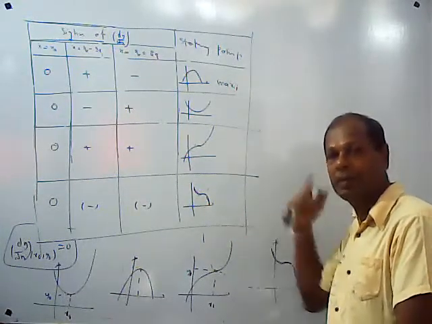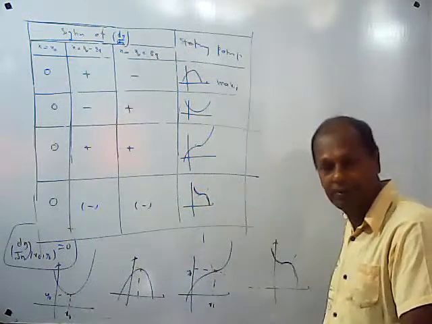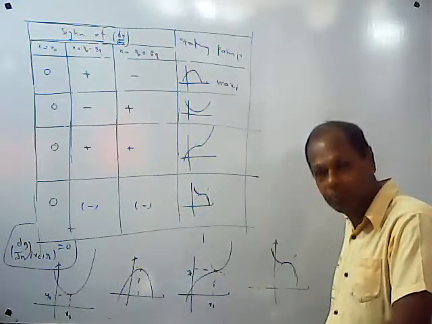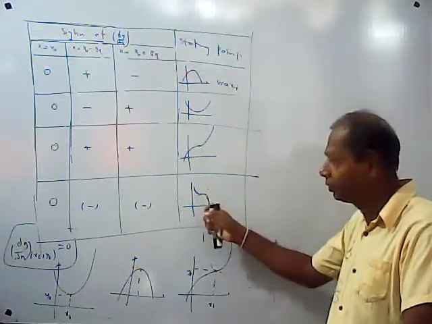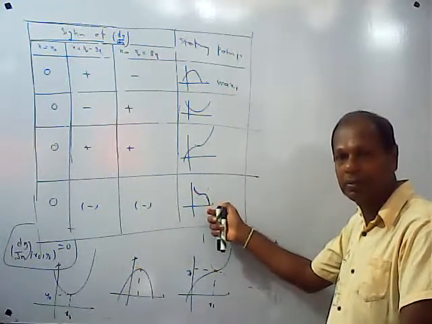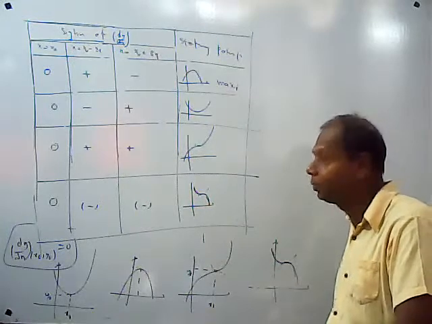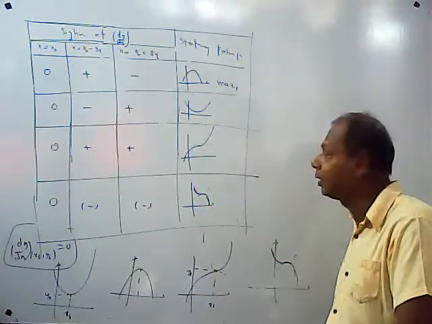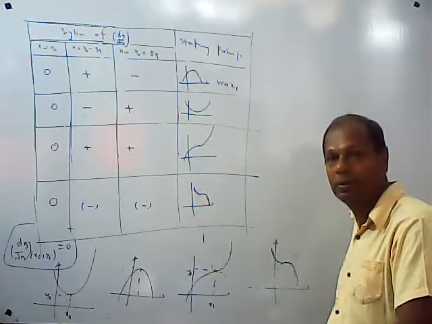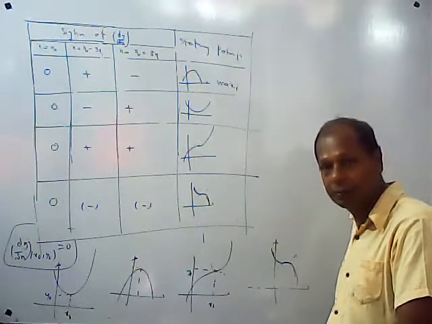Now I remember in the Sunday class we discussed asymptotes also. We first see the answers for some of the homework questions I gave, then we can come to asymptotes. After that, today we can start drawing graphs, right?